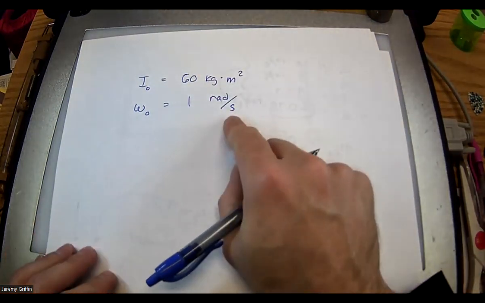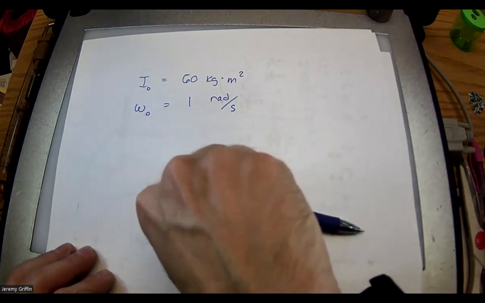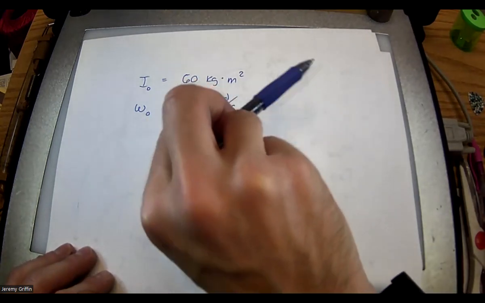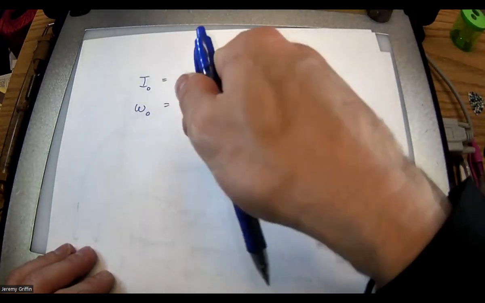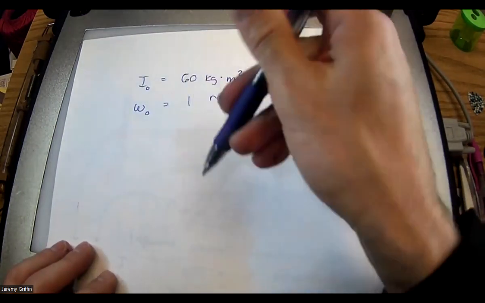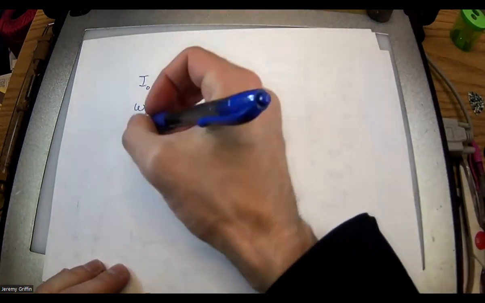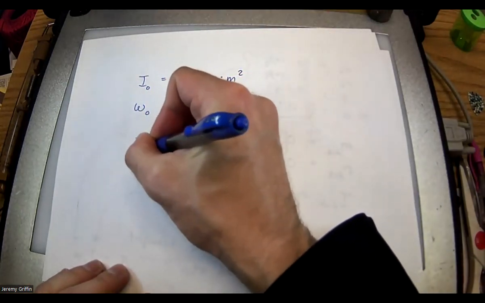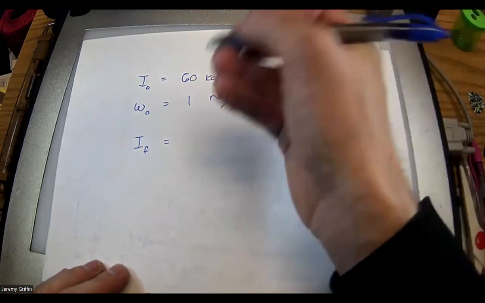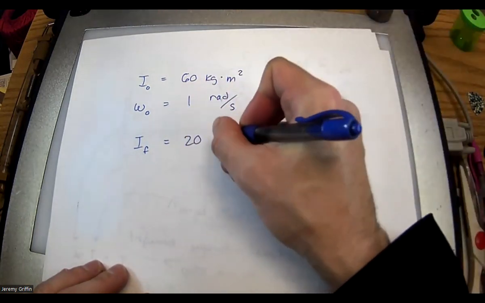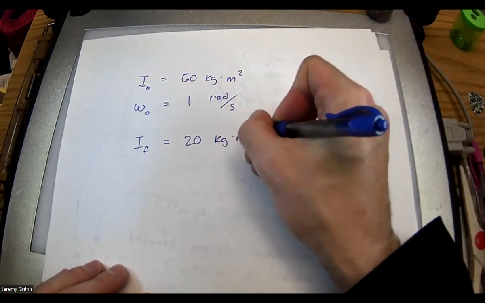It's about 57 degrees per second, about this far per second. Probably spin about that fast, so pretty slow, right? And then maybe they pull their arms inward. Maybe this number plummets down to I final, the final state, of 20 kilogram meters squared.